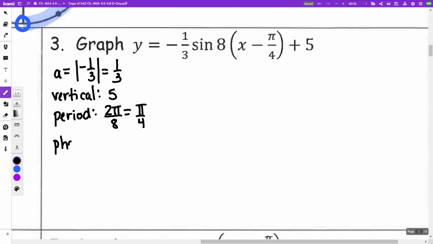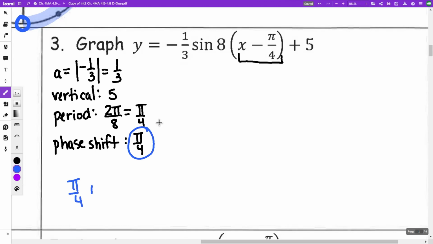My phase shift is what makes my parenthesis 0, and what makes that 0 is pi/4. So I'm going to be starting at pi/4 and going pi/4 away, which means I'm going to be ending at 2 pi/4, or pi/2.